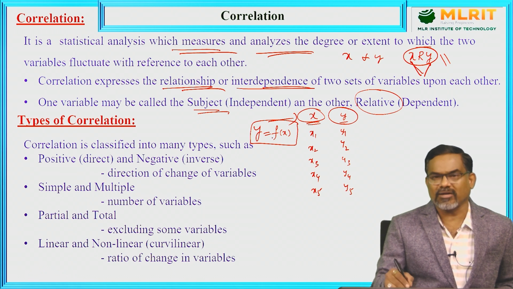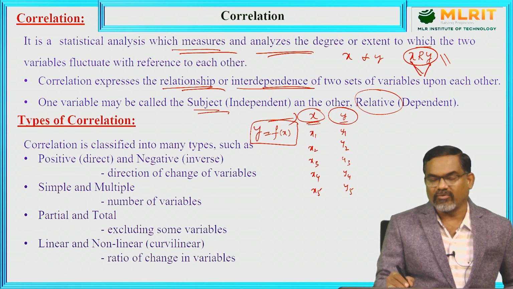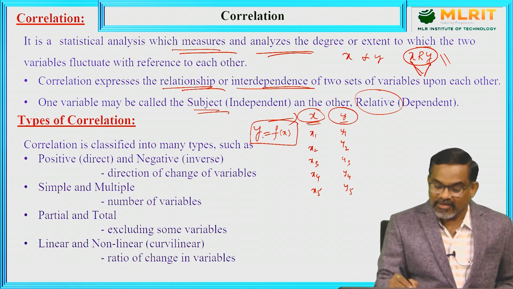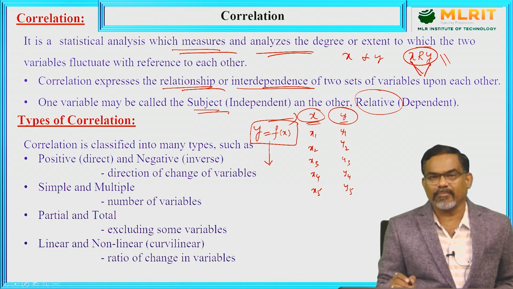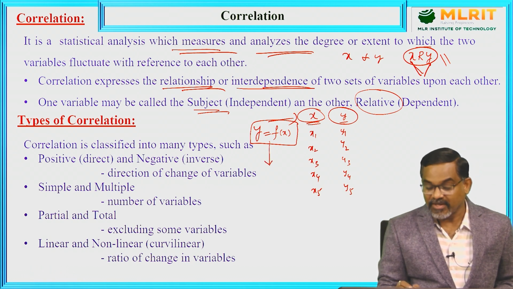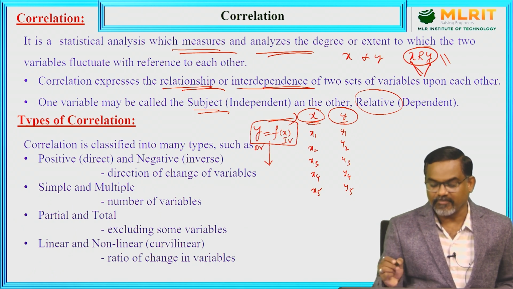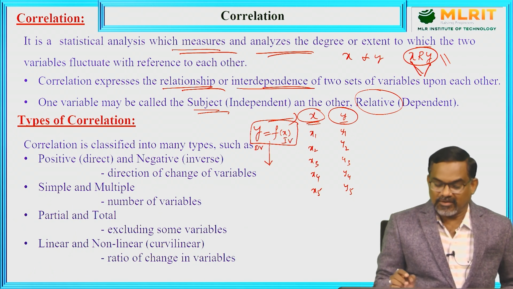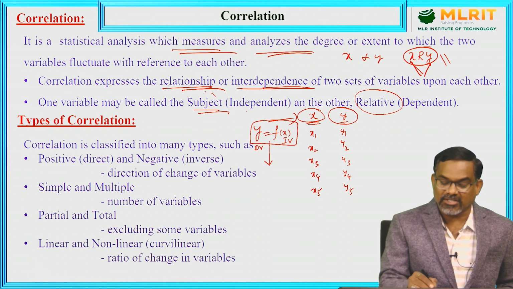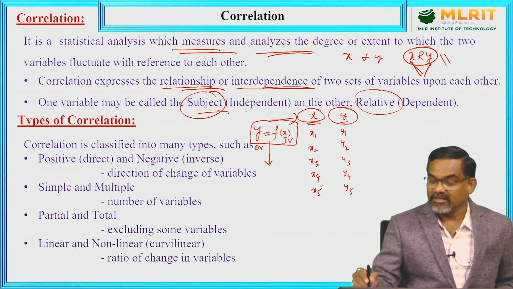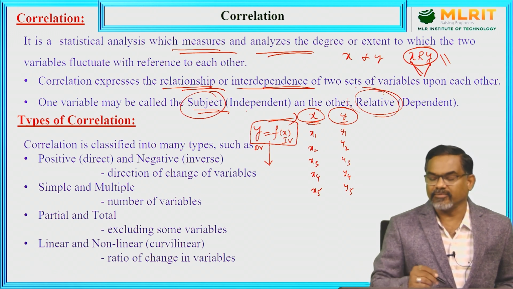Let us draw the curve of this y equal to f of x. So, here this indicates the relation between x and y. It represents the relation between x and y. Here x is the independent variable and y is the dependent variable. So, here the independent variable is called subject and the dependent variable is called relative.